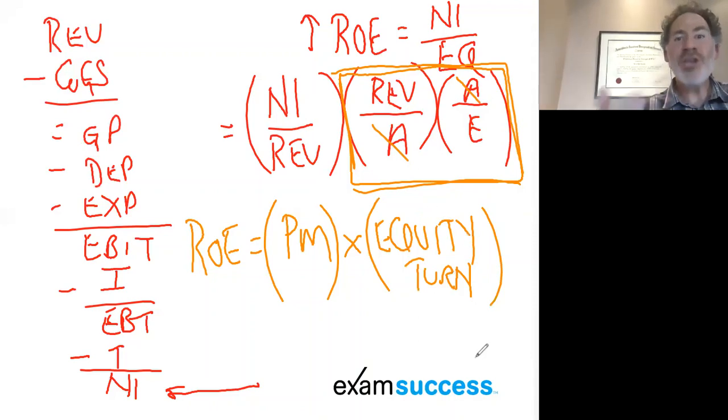Okay, so just in case you're on the exam and they don't give you all of the accounts to work from, net income, revenue, assets, and equity, they may give you pieces of information. And one of the tricks is to know how to interpret this, equity turnover. Okay, so there we go. Hey, you guys okay on that? Okay.